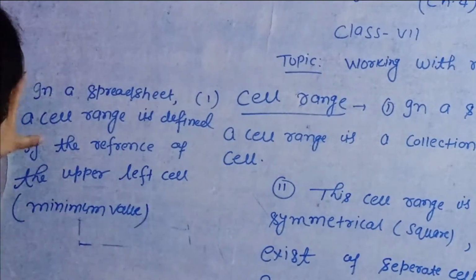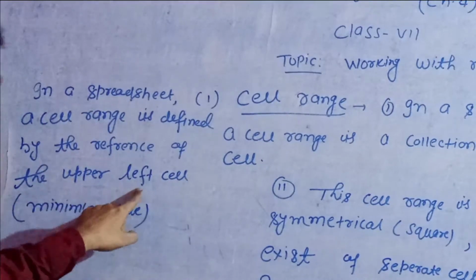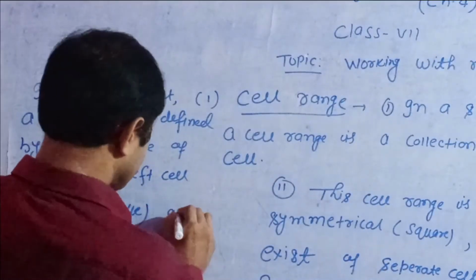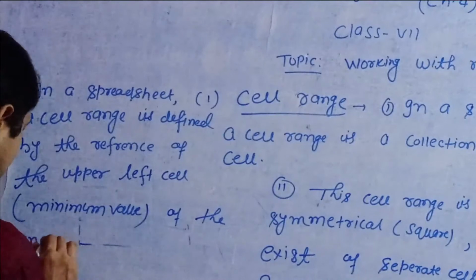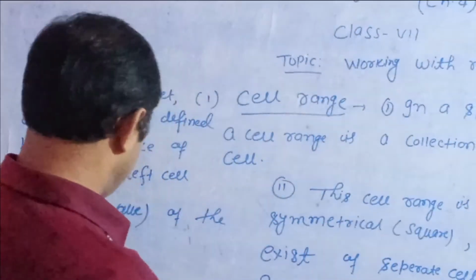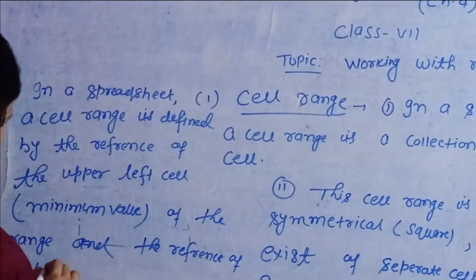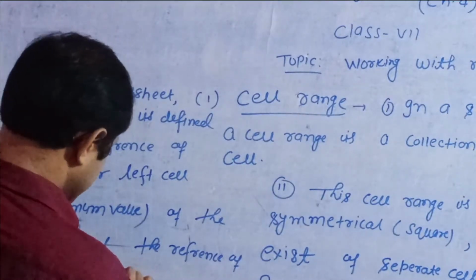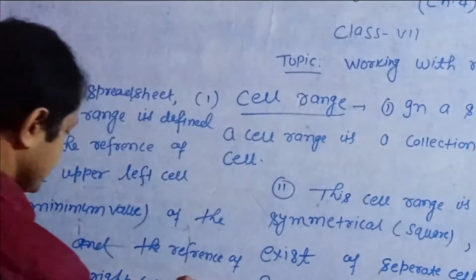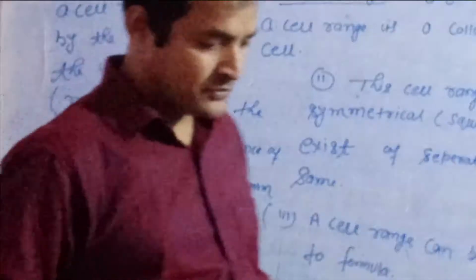I repeat it. In a spreadsheet, the second definition: the reference of the upper left cell is called the minimum value of the range, and the reference of the lower right cell is called the maximum value of the range.